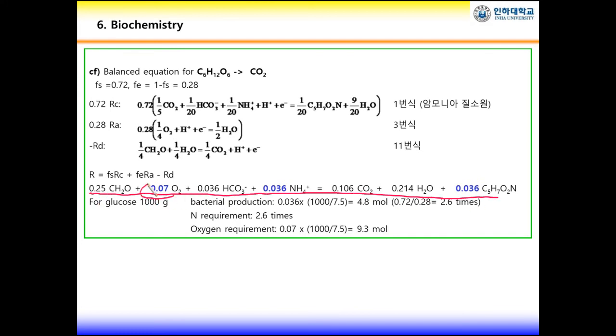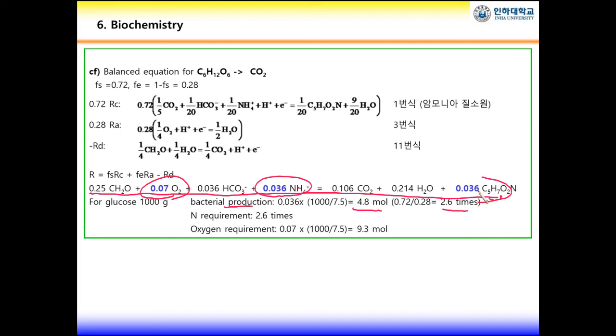So we have to supply oxygen, and also we have to supply nitrogen to make cells. So the same mole of nitrogen for the production of cells. So bacterial production is 4.8 moles, which is about 2.6 times that of the anaerobic case.